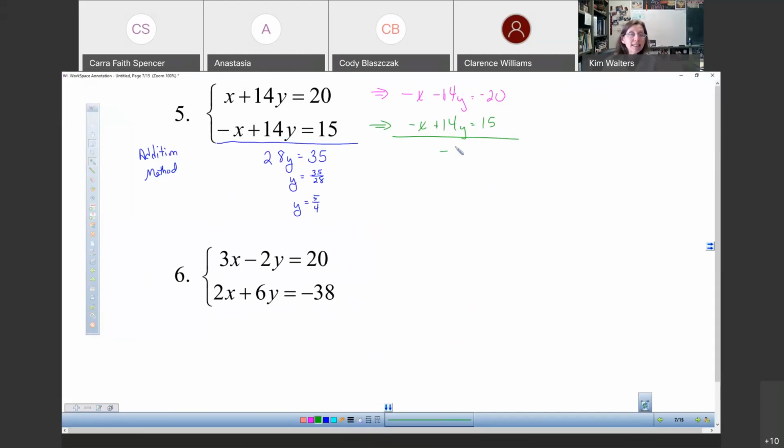So I get negative 2x is equal to negative 5. And now if I divide both sides by negative 2, I get positive 5/2. And so now my solution is not negative, sorry, is positive 5/2, comma, 5/4. And this is my solution.